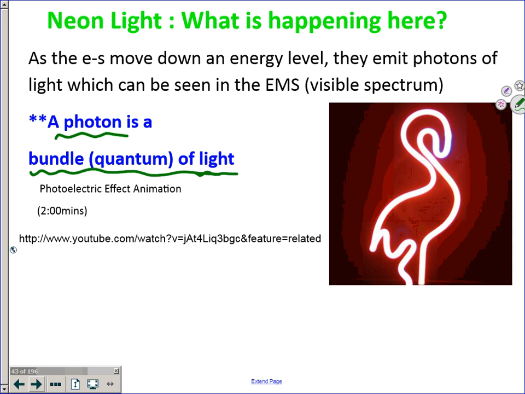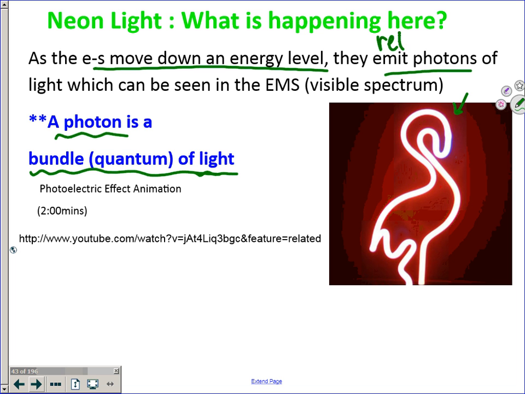They're shooting little photons of energy at us. So what's happening in this diagram here with your neon light, or even the lights above us, is the electrons are moving down energy levels, and as they move down energy levels, what are they doing? We just saw the diagram with it. They're emitting light, good. Or they're emitting photons.